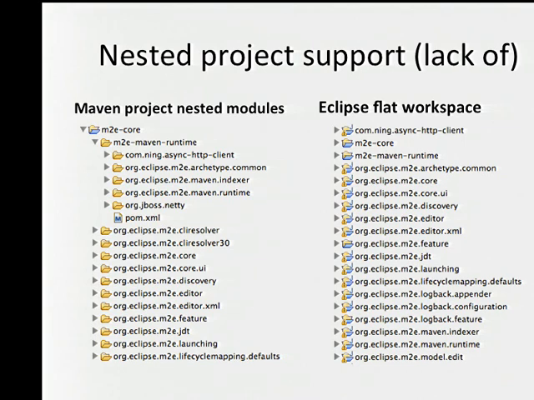The question is why the m2e development team didn't raise a bug against the platform to add better support for nested folders. Sorry, not nested folders, nested projects. The answer is that there is a bug already, and the platform team chose not to react to that bug. From my experience, if you just look at the Bugzilla entries that I've opened against the CDT team or the platform team, in general they are ignored.